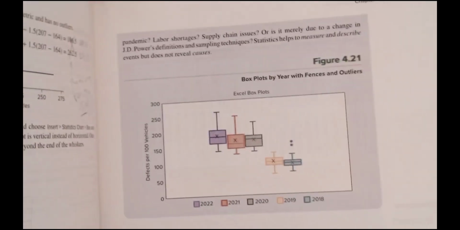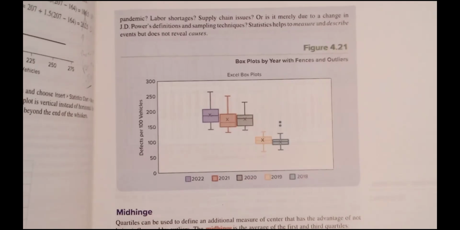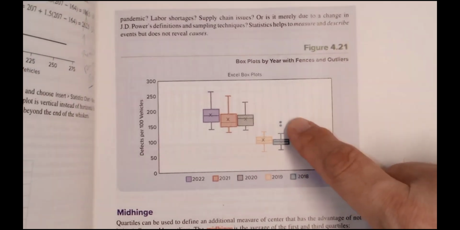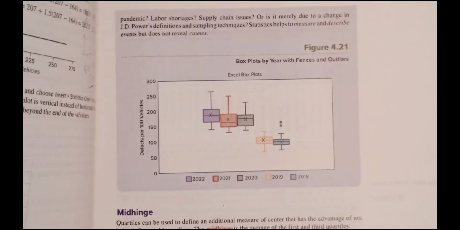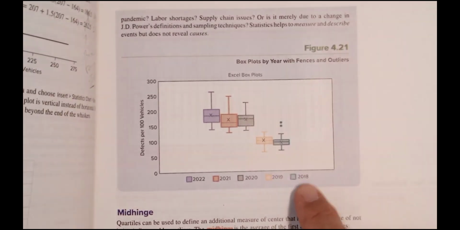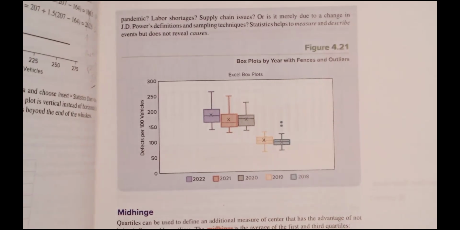Please notice, if we do have outliers, it is quite often considered reasonable to remove them from the whisker. So this 2018 box plot here shows me the 5 lines.